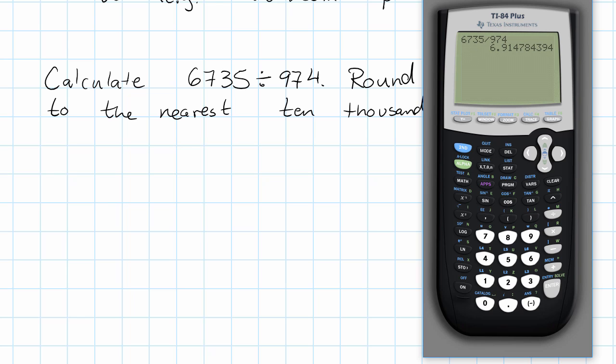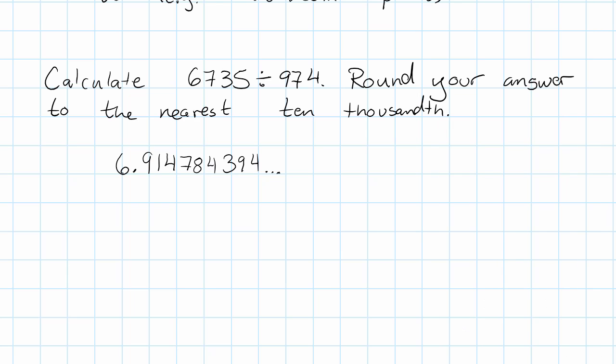With more practice, you won't have to copy the whole thing, but for now, let's copy the whole thing the calculator shows and then decide where to round it. So we got this horrible decimal. We've been told to round this to the nearest 10,000th. So our first job is to find the 10,000ths place.